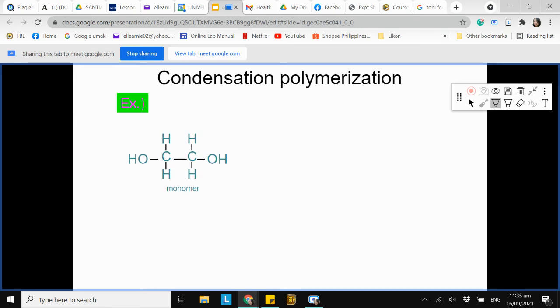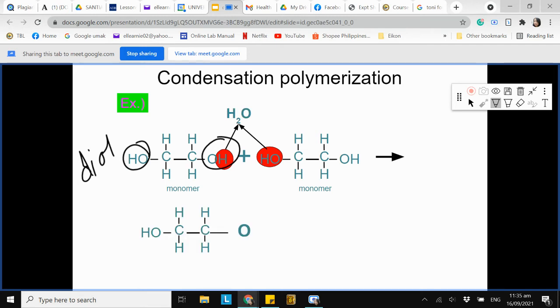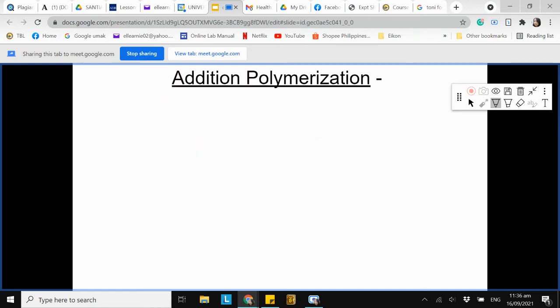So you have a diol, kasi nga dalawa yung hydroxide, and another diol. Sila yung mag-i-interact, form water to form now your polymer. So parang ether siya, an oxygen bridge.